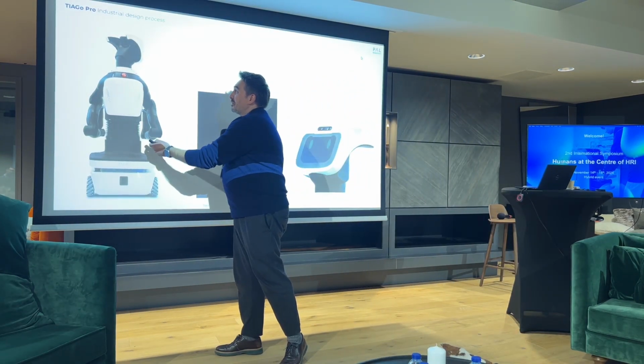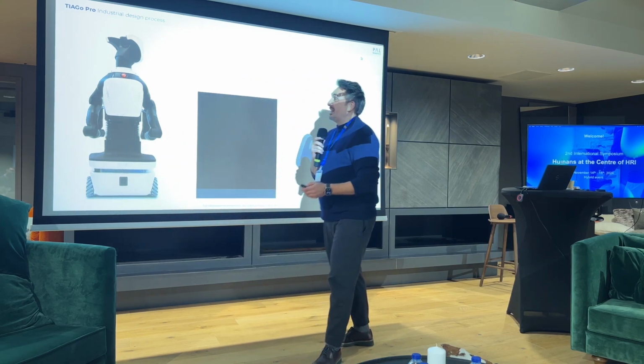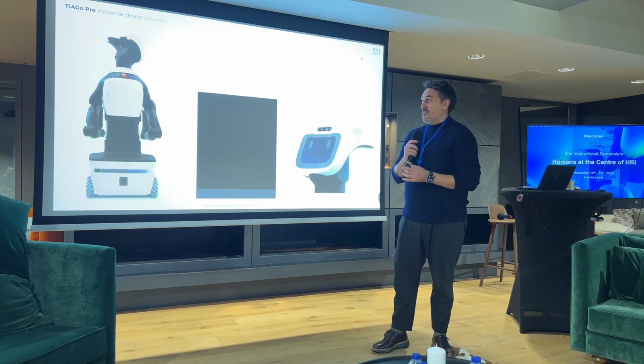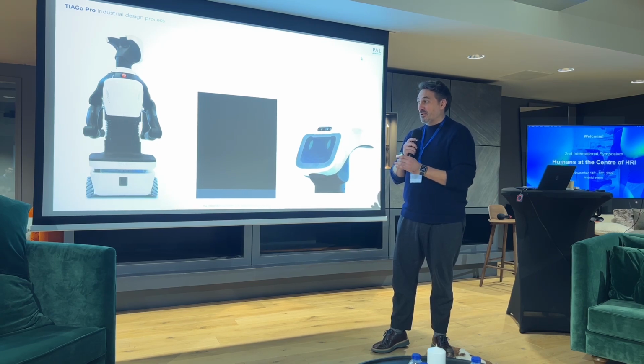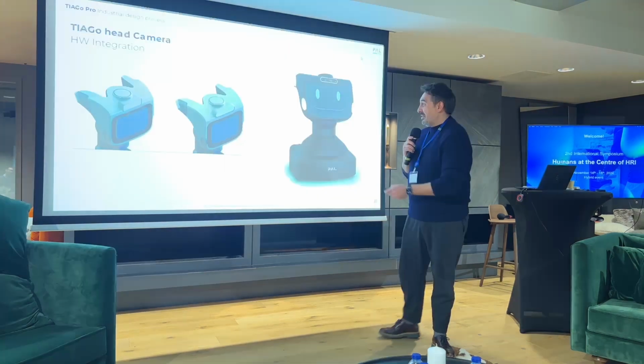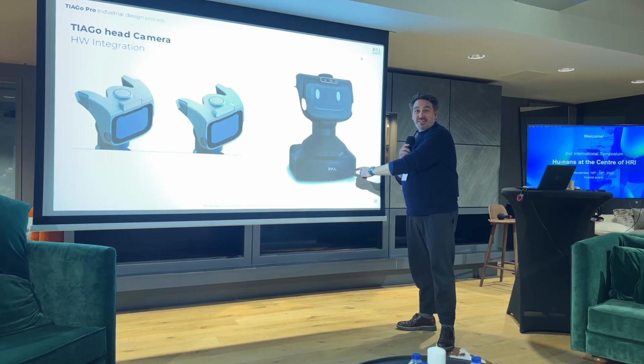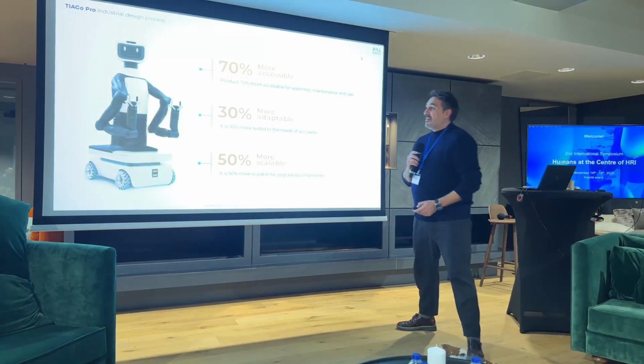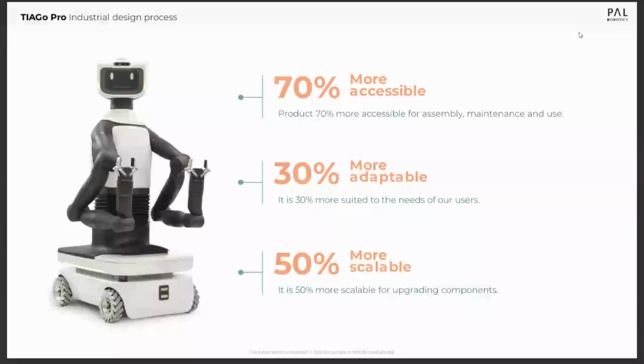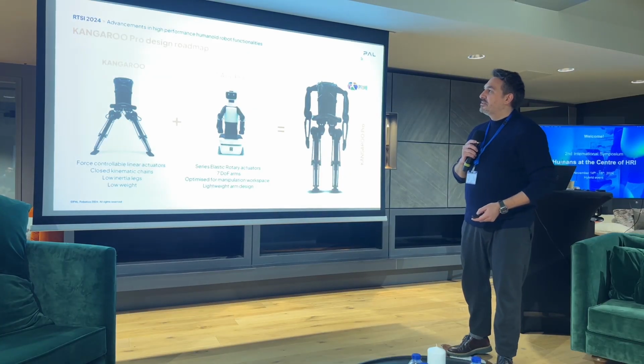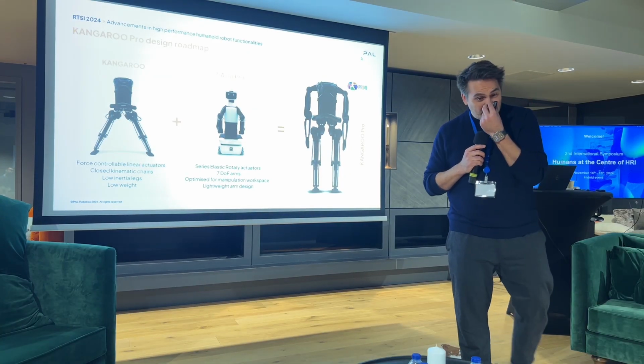Less than 40% of the robot is painted, and here it isn't painted. It's only material. I tried to make it more accessible for the researchers, for the people that manage the robot, more adaptable and more scalable for working with it.